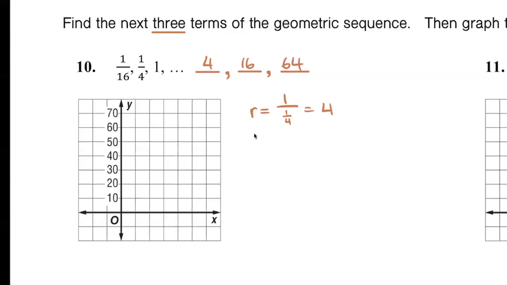Now let's plot that. First term was 1/16, super close to 0. The next one is 1/4, still super close to 0. Next one is 1, then 4, then 16, and then 64.